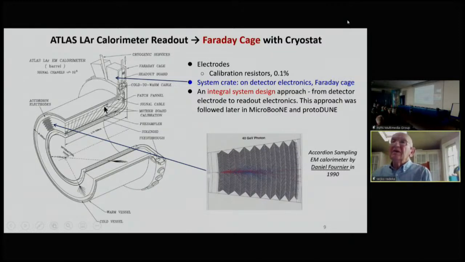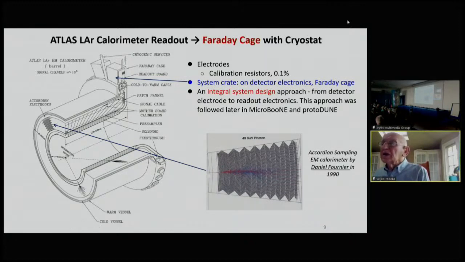Now that development led to the Atlas calorimeter readout, which was done in a really integral system design, where the calorimeter and the readout electronics were in one Faraday cage, with continuous connection and no gaps in the metal, which allowed a very high resolution detector and very high stability and calibration.